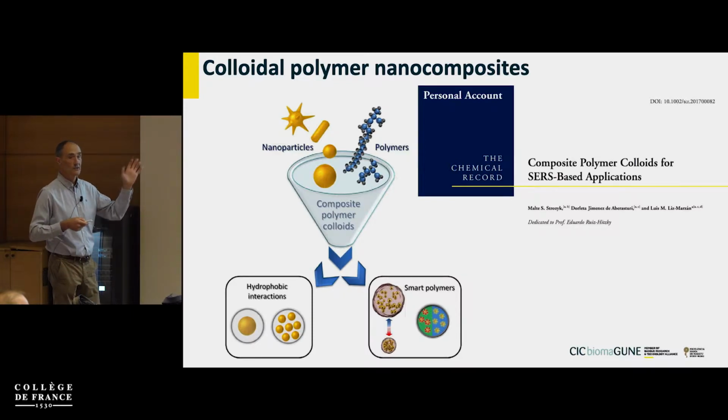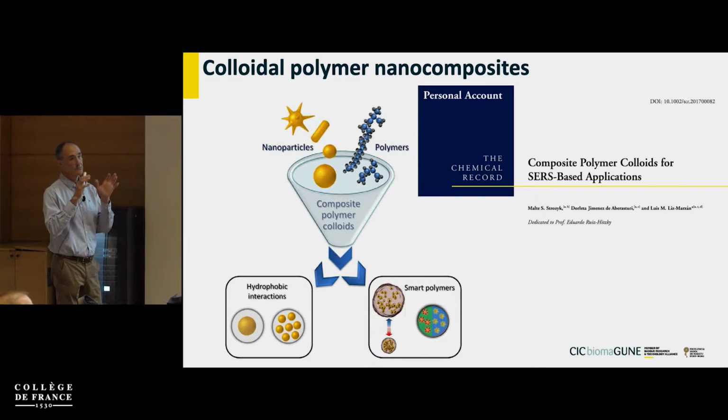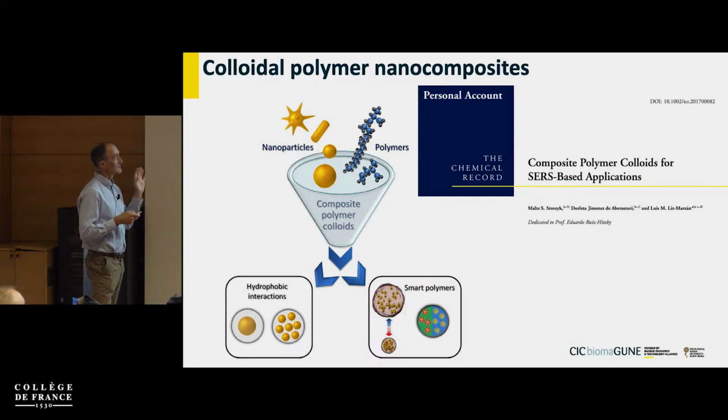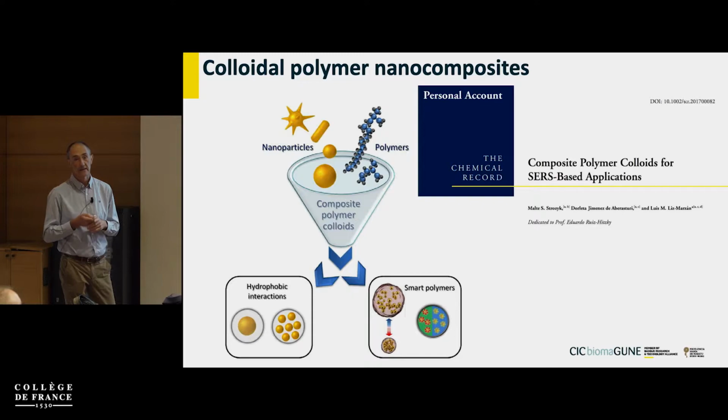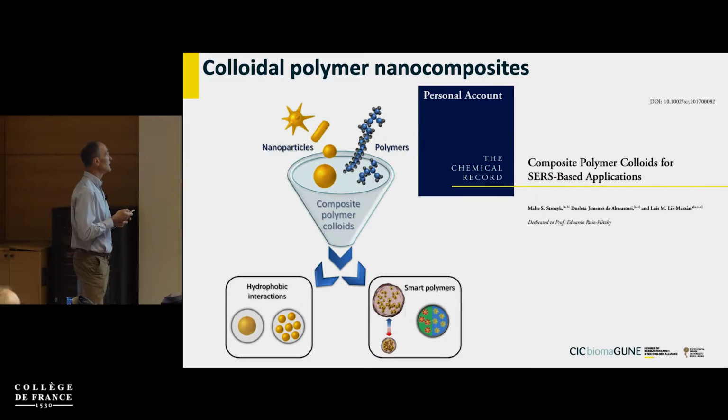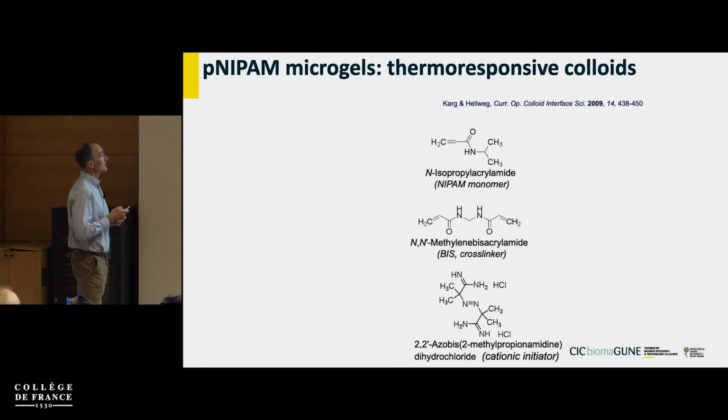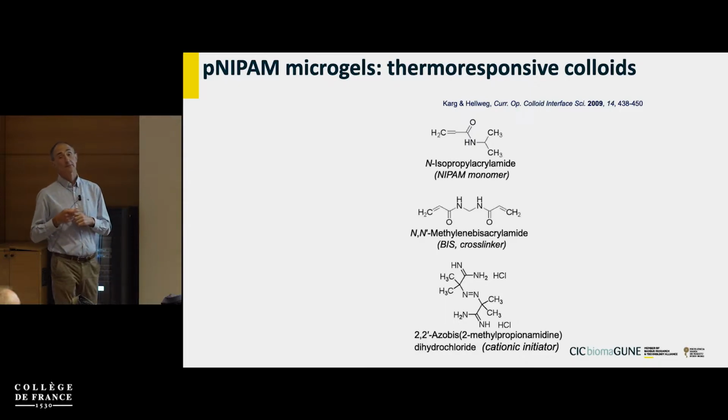I also showed you last week how to incorporate multiple nanoparticles into a polymer, then cover with an inorganic shell, remove the polymer, and have the particles floating around inside of the shell. So this is quite interesting because it also offers possibilities for a variety of applications. Okay, so let's start with poly-NIPAM.